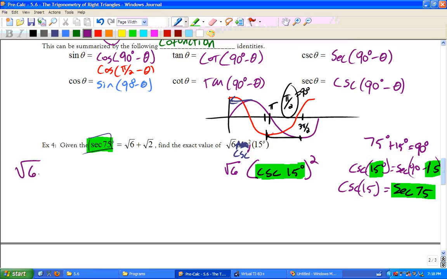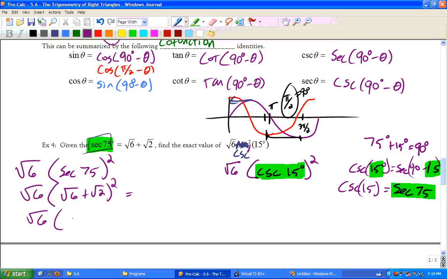In other words, I could take the square root of 6 times the secant of 75 squared, which is the square root of 6 times the square root of 6 plus the square root of 2, squared. That equals the square root of 6 times, when you square this, you get 6 plus the square root of 6 times the square root of 2, which gives you the square root of 12, plus the square root of 2 squared, which gives me 2.